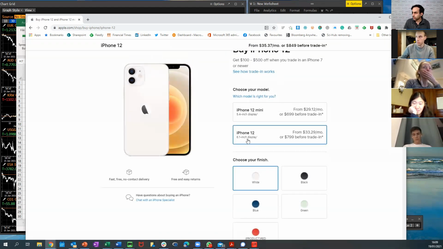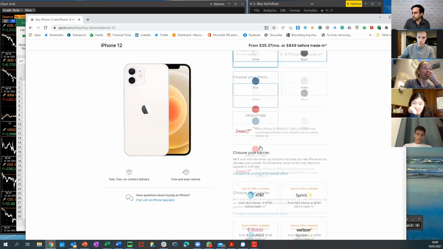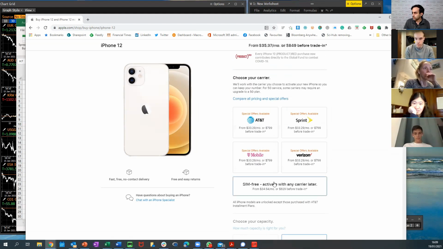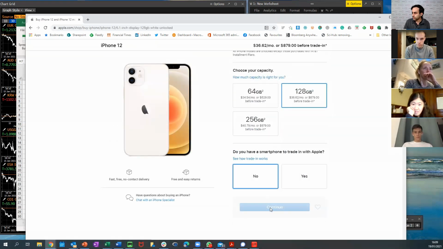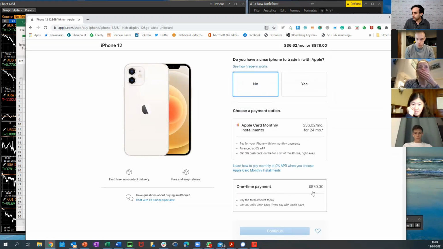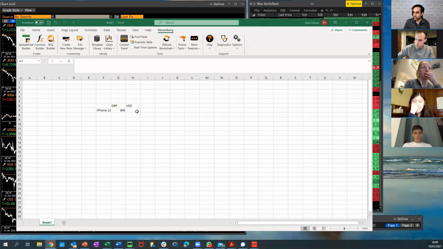We're going to go for the iPhone 12, 6.1 inch, white, the SIM-free one, 128 gig. We're not going to do a trade-in. It's 879 US dollars. So the implied PPP FX rate turns out to be 1.0355.